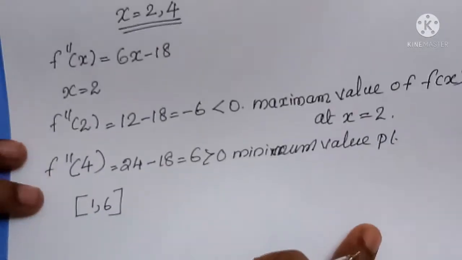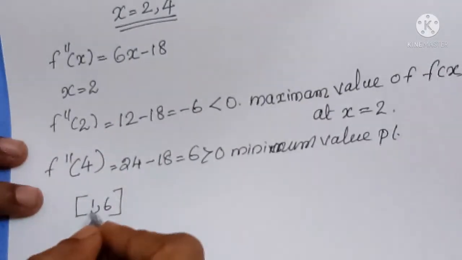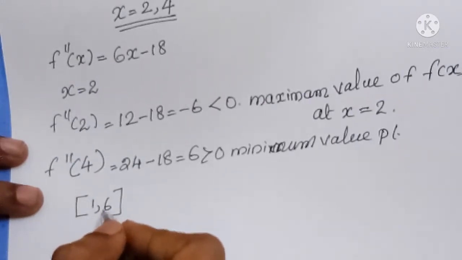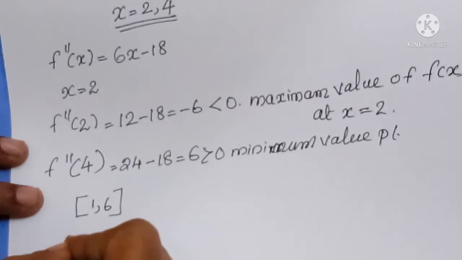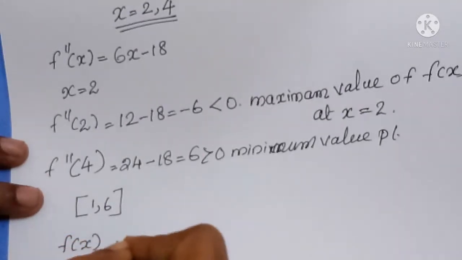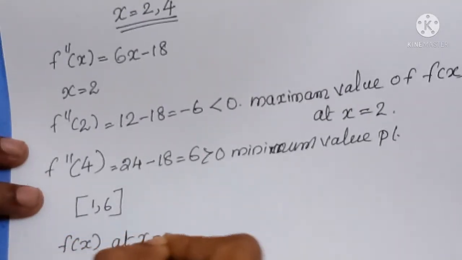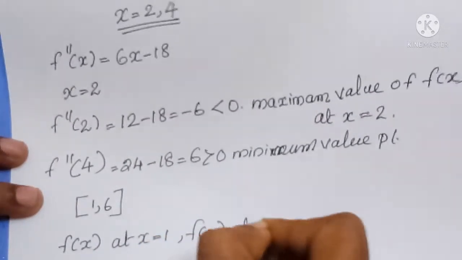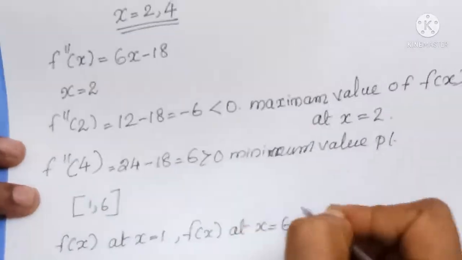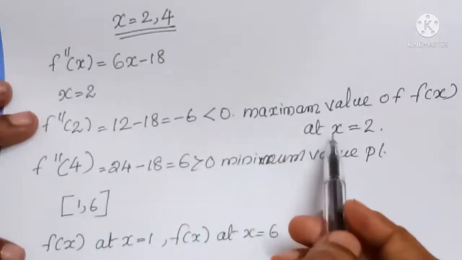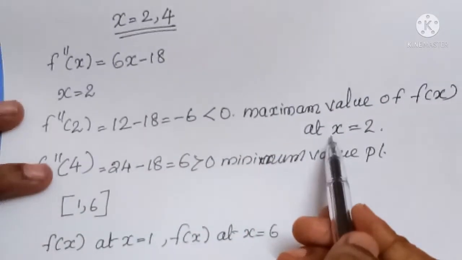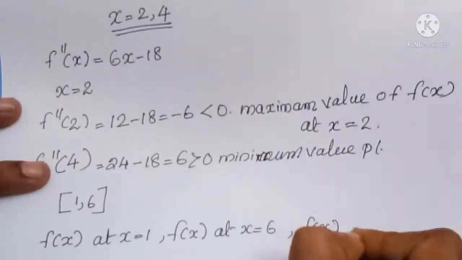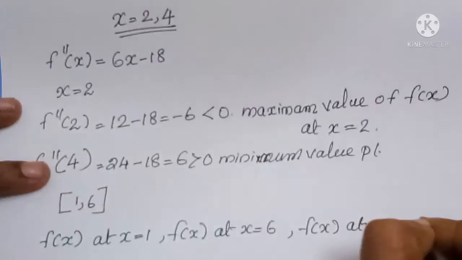So we need to find out f of x at x is equal to 1 and x is equal to 6. Also we get a maximum value at the point x is equal to 2. So we should find out f of x at x is equal to 2.